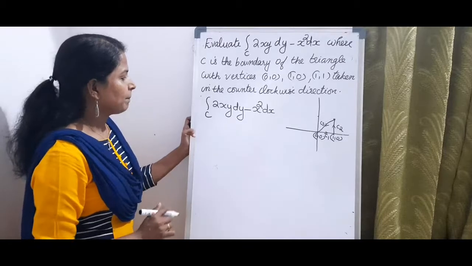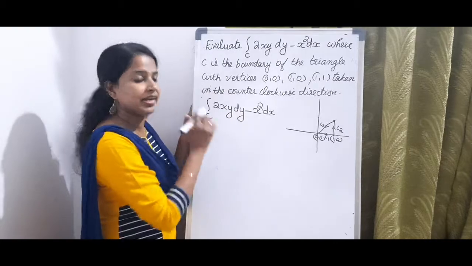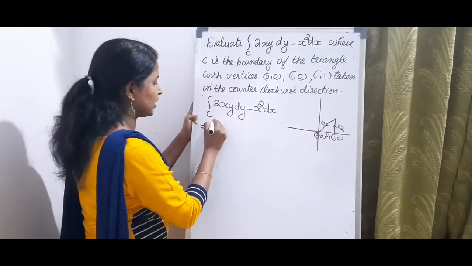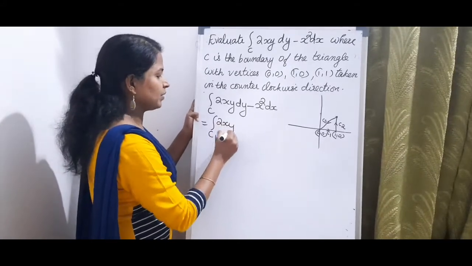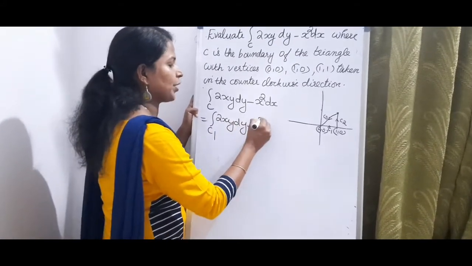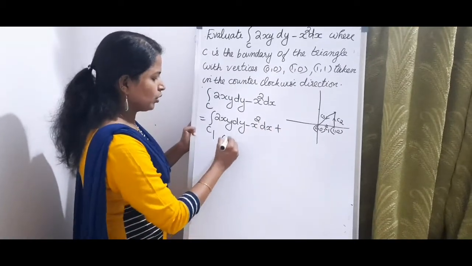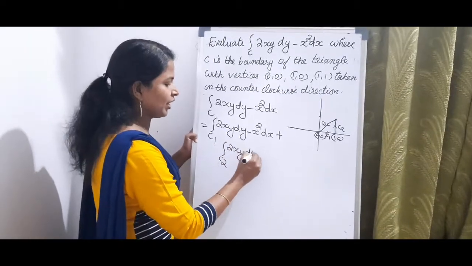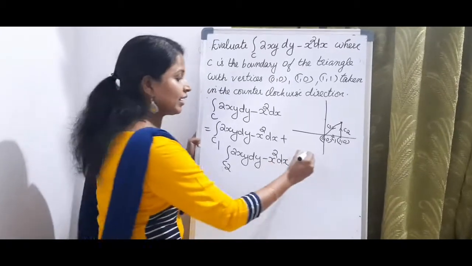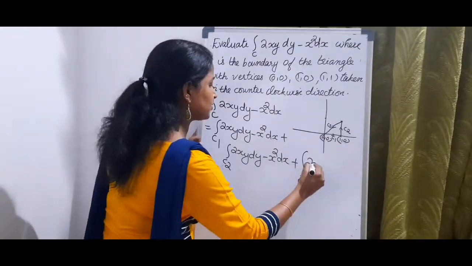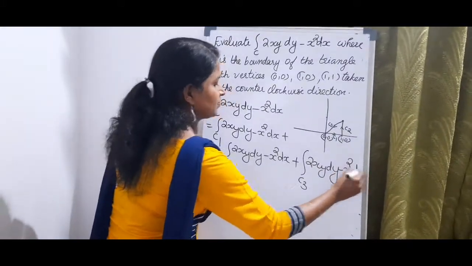Then the integral over C of 2xy dy minus x squared dx is equal to, as three curves are there, the integral over C1 of 2xy dy minus x squared dx plus the integral over C2 of 2xy dy minus x squared dx plus the integral over C3 of 2xy dy minus x squared dx.